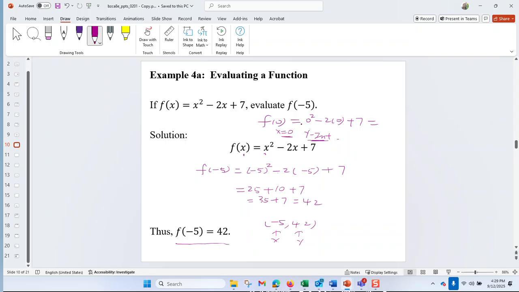So 0 squared is 0, 2 times 0 is 0, so this will be just equal to 7. So I can write down (0, 7), because when x is 0, y is going to be 7. All right, so that is how you use this type of function notation to do the calculation.